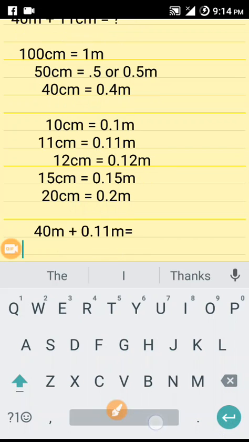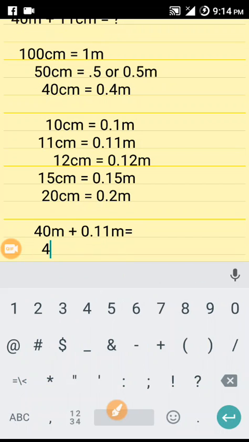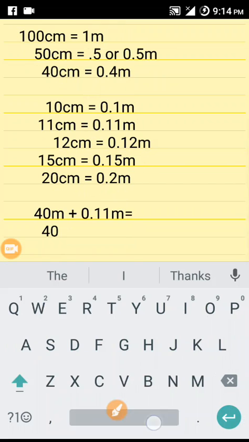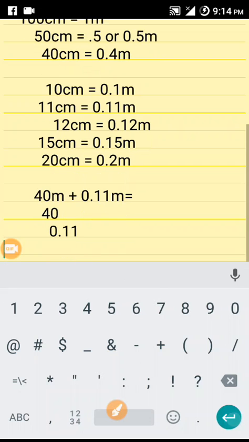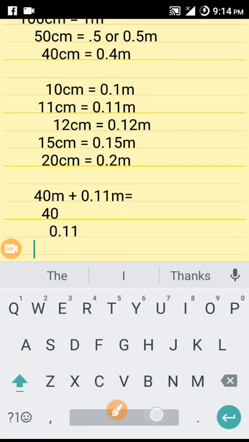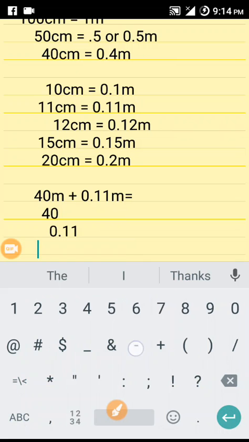Let's go to the next line. Alright, 40, which is a whole number. Then we come down to write 0.11. Alright, clear? Then we come down to put it together. We are supposed to add it.